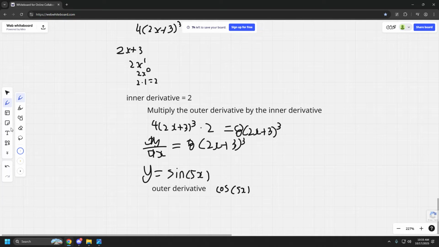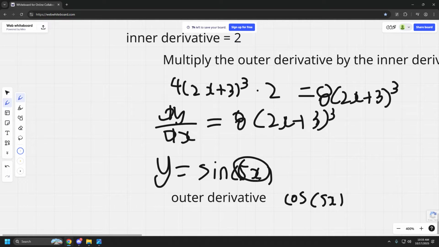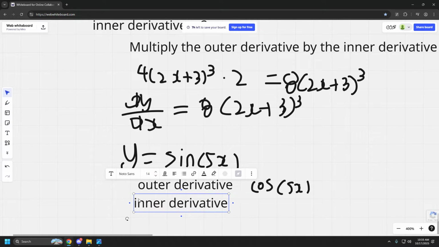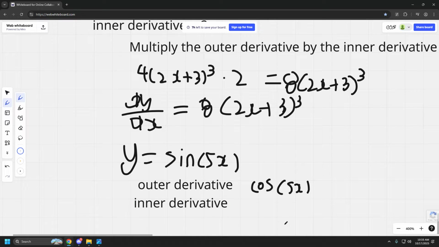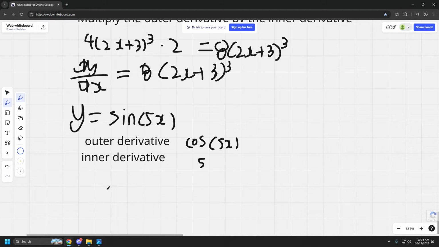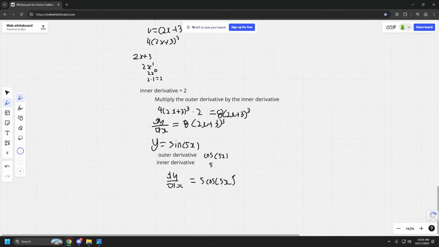And the inner derivative, we just derive the 5x, so it would just be 5. We multiply the outer derivative by the inner derivative. Therefore, dy/dx is equal to 5 cos 5x. Wasn't that easy? All you do is multiply the outer derivative by the inner derivative.